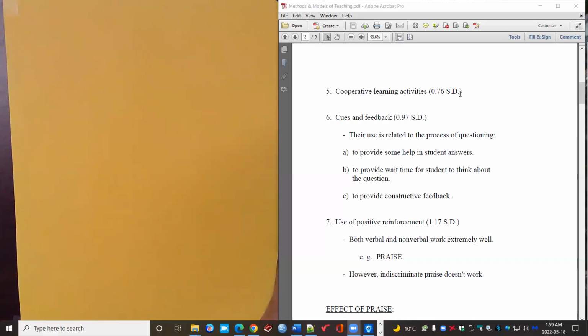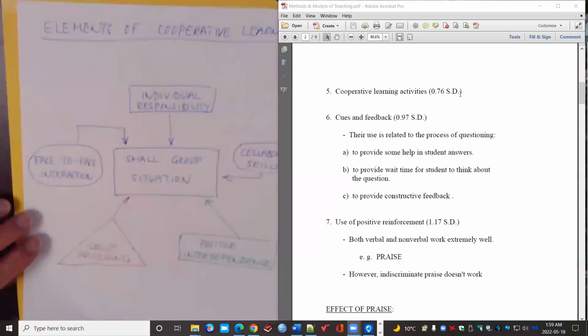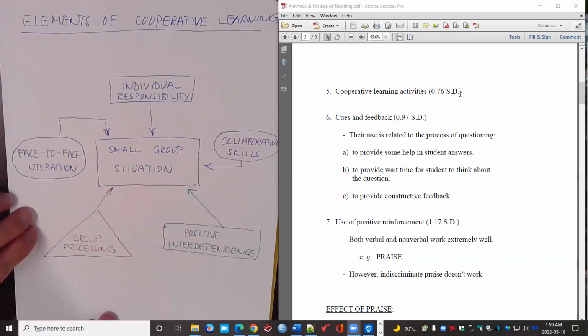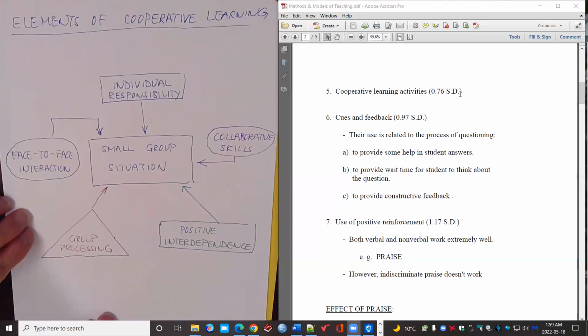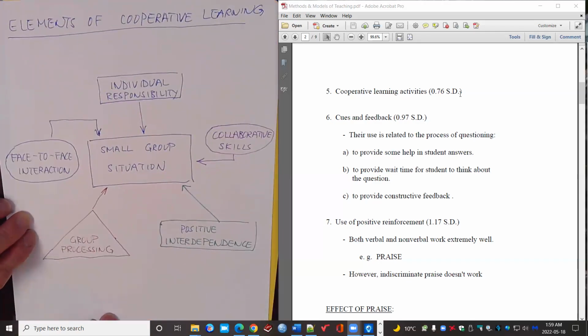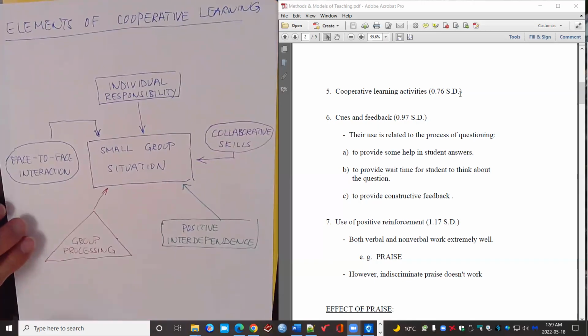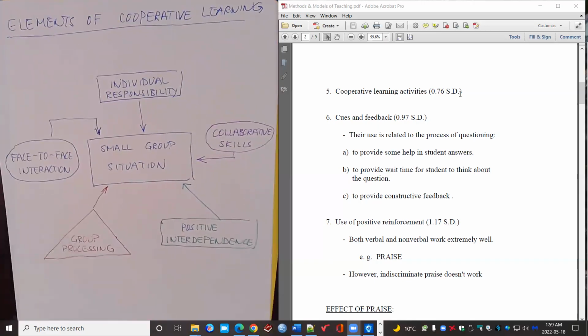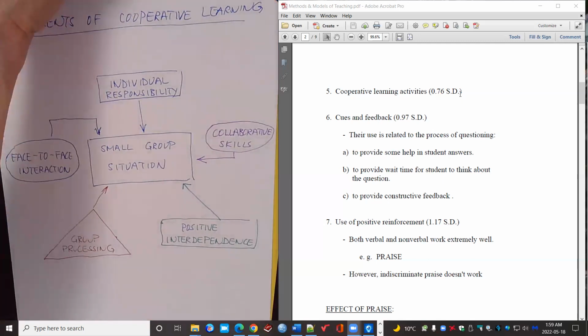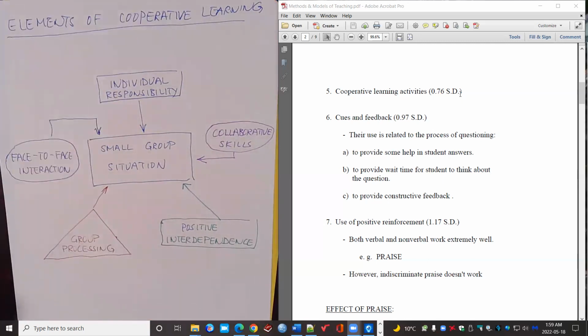So let me show you what I have prepared. Okay, is that good? Good. All right, so take a look at those elements of cooperative learning.